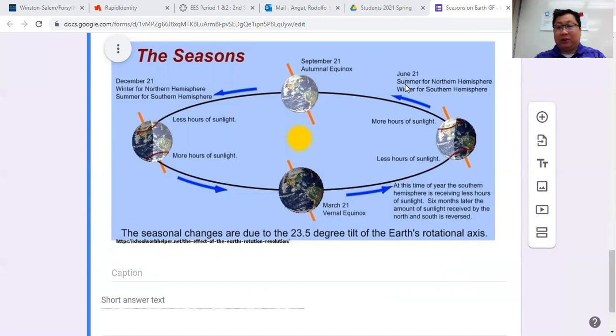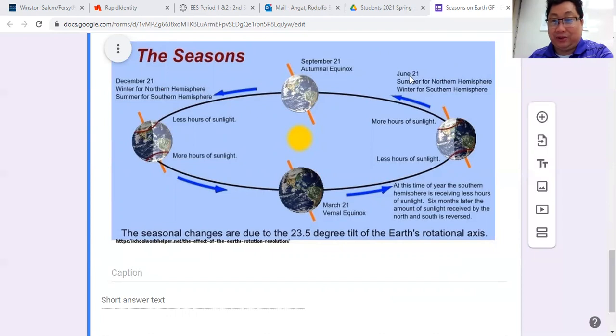And during the summer solstice, the North Pole, most of it, receives 24-hour sunlight, which means this region here experiences 24-hour daytime when it is summer.